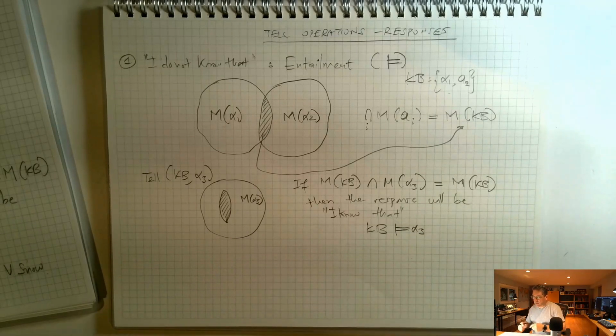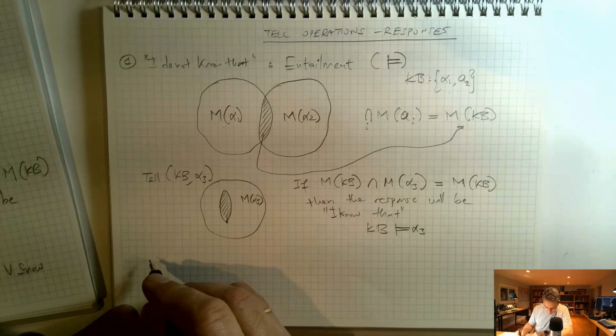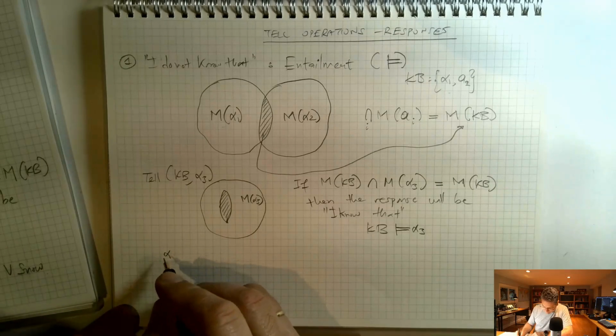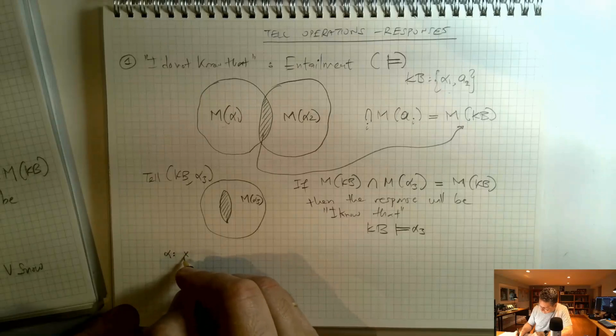So A3 can be logically concluded from what we already know in the knowledge base. A couple of examples: let's assume simplistically that the knowledge base contains the sentence A, that x is equal to 0.